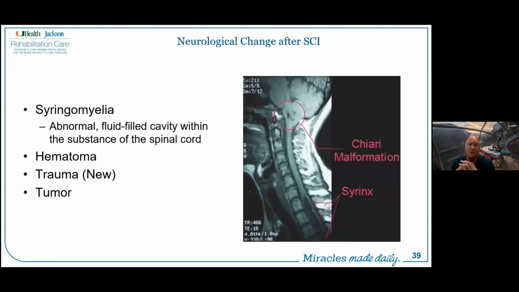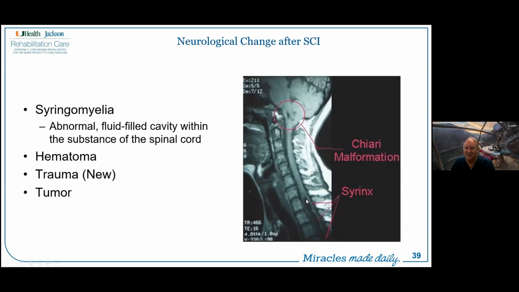And then we worry about neurological changes after the spinal cord injury. So it's not unusual to develop a syrinx, so that you have this cavity where the neural tissue and the glial tissue basically necrosed, and subsequently you have a glial scar, but which is relatively empty except for cerebrospinal fluid.